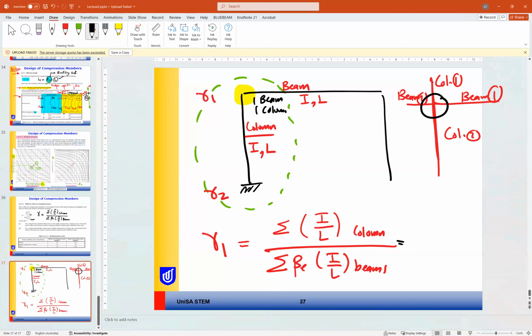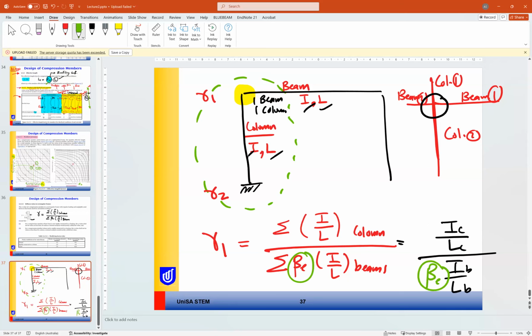If you know I and L for the column, this can easily be calculated as I over L. If you know I and L for the beam, you can easily find IC, LC, IB, LB. So the only parameter we still need to know is beta E.